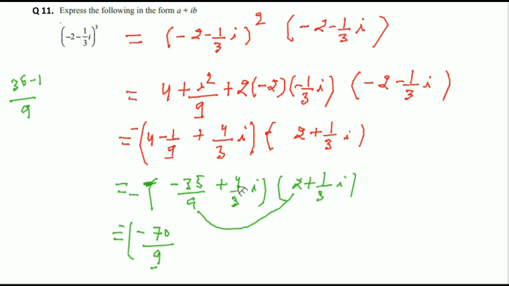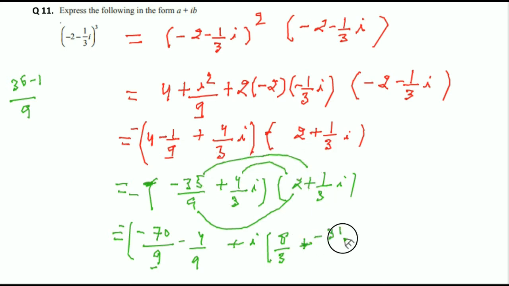And 4 by 3 and 1 by 3 will become iota square, so minus 4 by 9. And then plus iota, here 8 by 3, and if you multiply this one, minus 35 by 27. Just multiply and you can get it in the a plus ib form. Simple calculation.